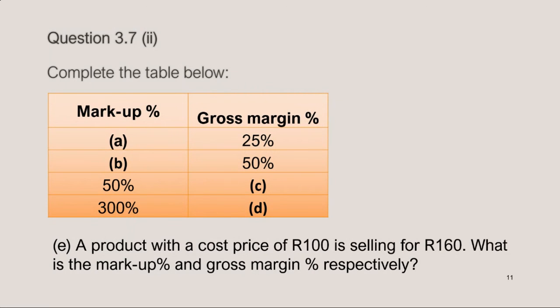For the gross margin one, you do exactly the same formula. The only difference, remember, is that it is over our selling price and not our cost price, which then gives me a percentage of 37.5%. So when they ask you something like that in a test, you need to clearly show which one you're busy working out, and you have to show your calculation because they do give you marks for that profit amount.